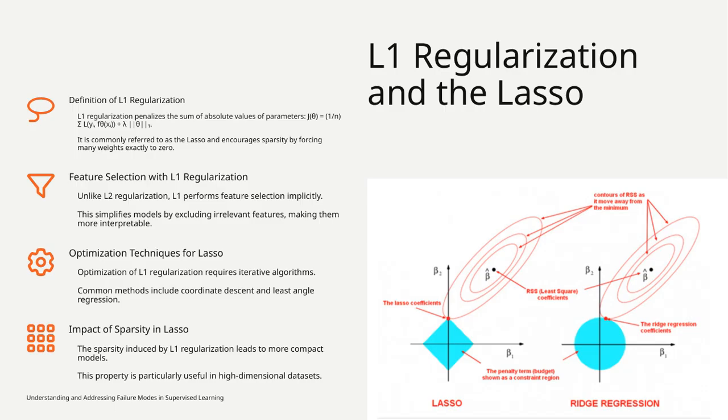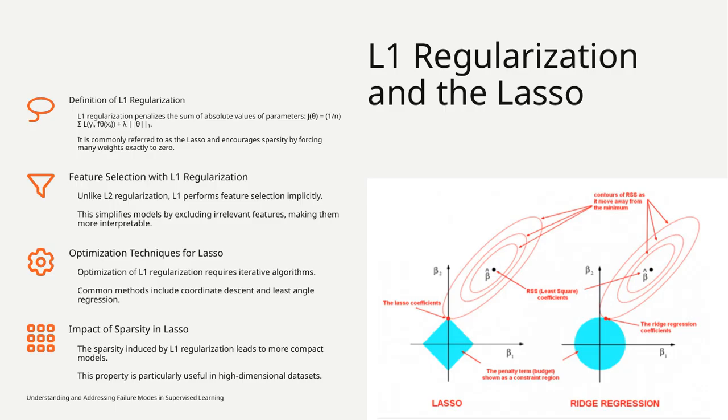Now, how does this differ from other regularization methods? Unlike L2 regularization, which shrinks weights but rarely to zero, L1 performs an implicit form of feature selection. This simplifies the model by excluding irrelevant or redundant features, making the results more interpretable, something that's especially valuable when dealing with complex datasets.